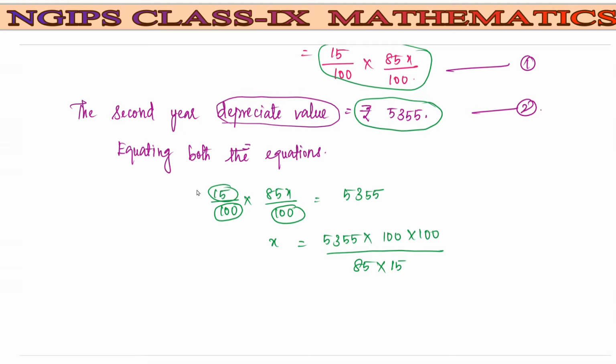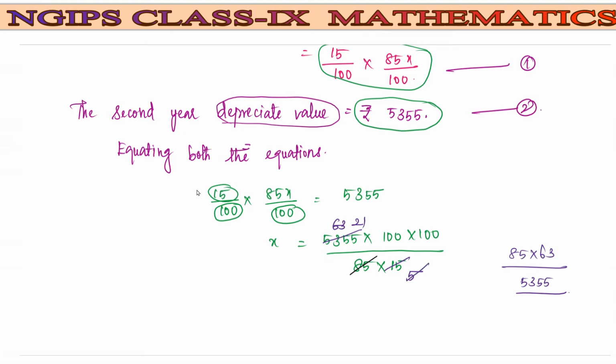Now if we cancel, what we get is 85 into 63, which is 5355. Next, 5 threes are 15, 21, 2 threes are 6, 1 three is 3.